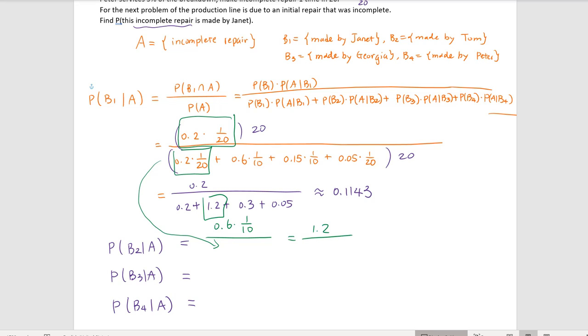So 1.2 over, what is this denominator? Okay, 1.2 plus 0.2 is 1.4, plus 0.3, 1.7, 1.75. So 1.75. And then for P of B3 given A, you will realize the numerator is 0.3, the denominator is also 1.75. And then P of B4 given A is 0.05 over 1.75. So see, we can actually get the answer so quickly.